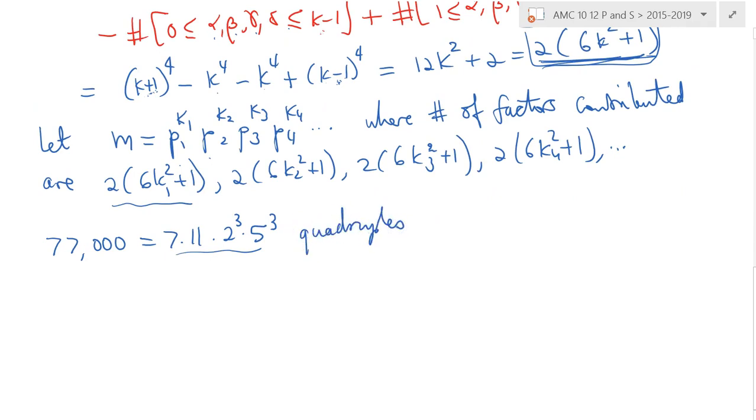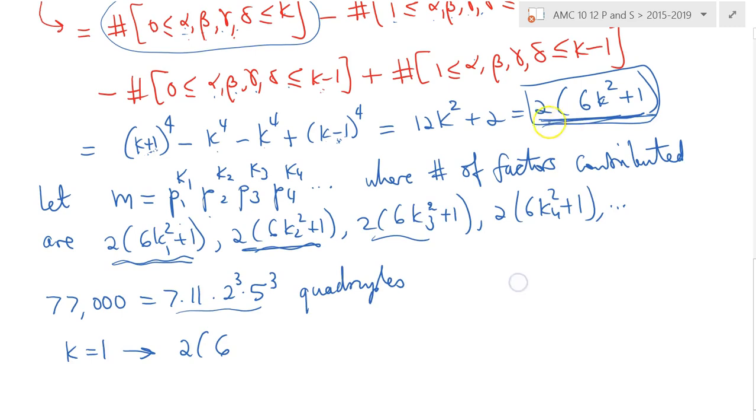And let's test different values for k1, k2, k3. So let's call it k. When k is equal to 1, how many different quadruples do we get? By our formula, 2 times 6. Wait a second. Yeah, each prime will contribute this many to the count of quadruples. Each one has a factor of 2.